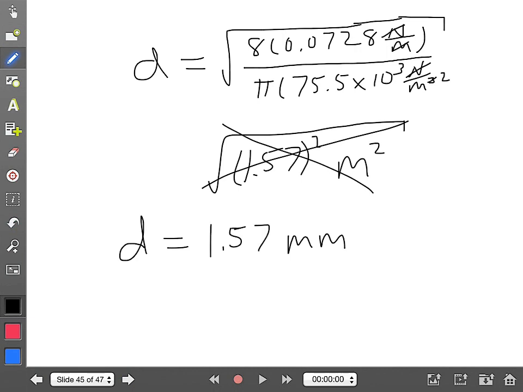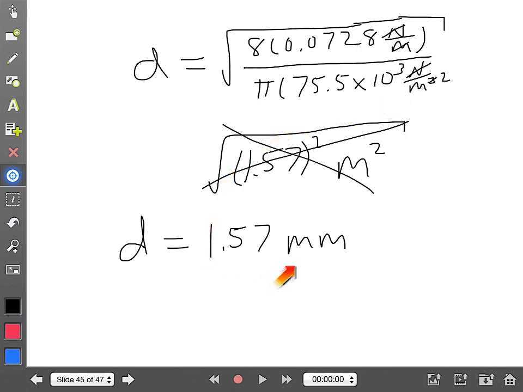So basically, let me recap that. If we take 8 times the sigma 0.0728 divided by pi times 75.5 times 10 to the 3, that's going to be a pretty small number. We take the square root of that, and the units, which are meters squared under the root, give a final answer in meters.